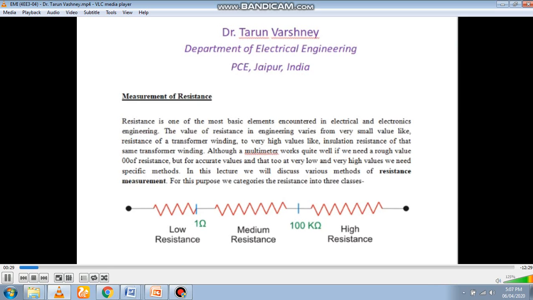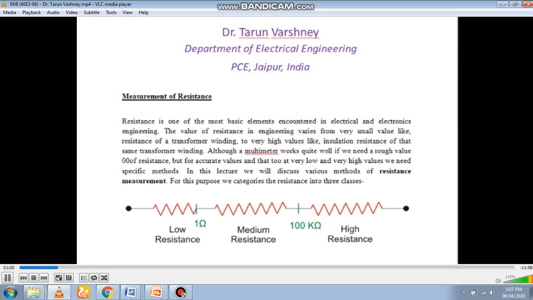As we know, resistance is a very important element in electrical and electronics engineering, and its values vary from very small to very high. We can consider the resistance of a transformer winding as a small value, and the insulation resistance of the transformer winding as a high resistance.